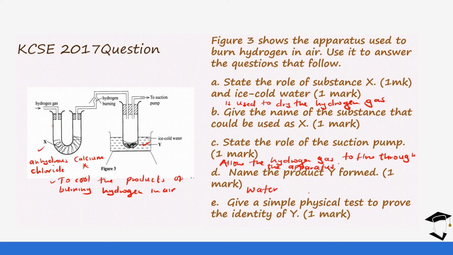And a physical test to prove the identity of Y. Note that the test is physical, it's not chemical, as we would normally expect. So for us to test Y physically, we would heat Y to its boiling point. If it boils at 100 degrees Celsius, then it's water.